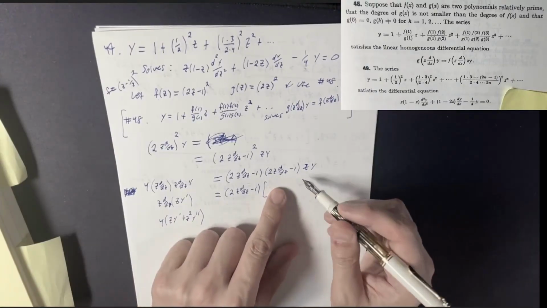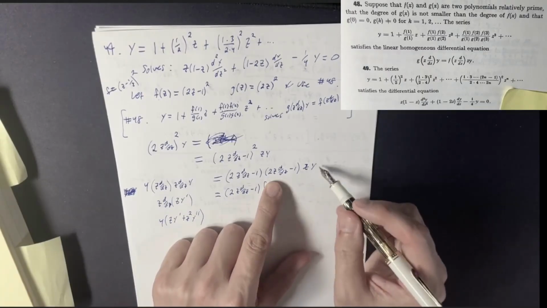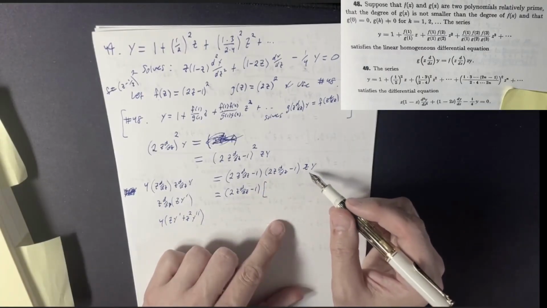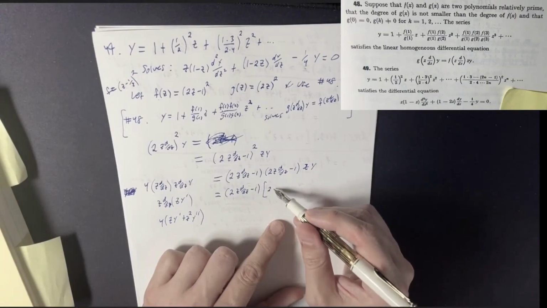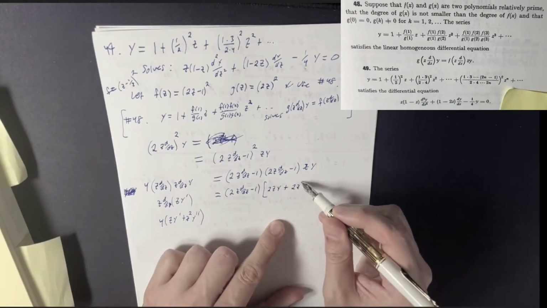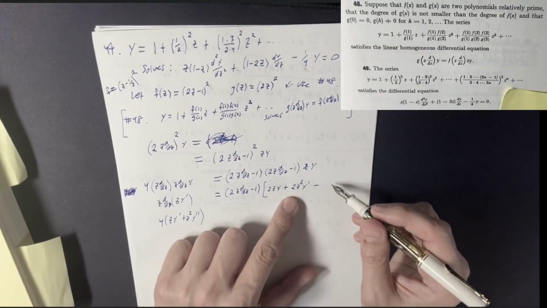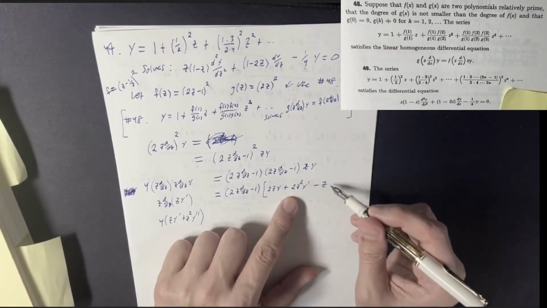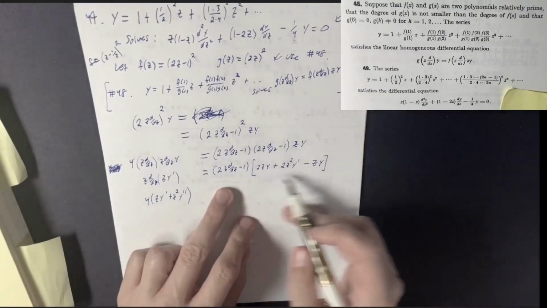But let's do it slowly, I guess. 2z times... So if I differentiate this, I should get y plus zy prime, right? So here's y, and here's zy prime. And then just do it again.